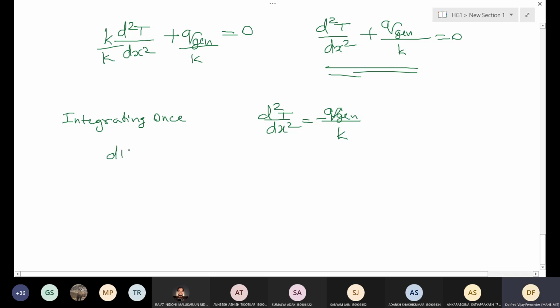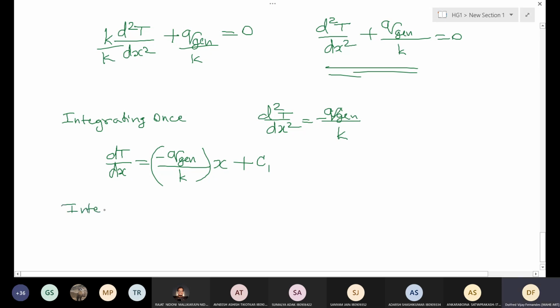You will have dT by dx equal to minus q generation by k into x plus a constant C1.